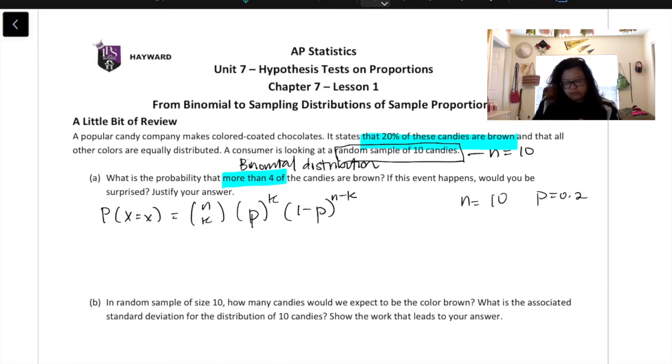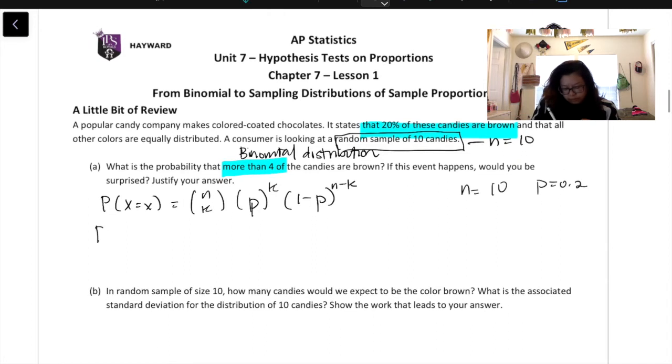Now, the problem says, what is the probability that more than 4? More than 4 means we're looking at the probability of getting 5, 6, 7, 8, 9, or 10. So that means the probability of X is greater than or equal to 5.